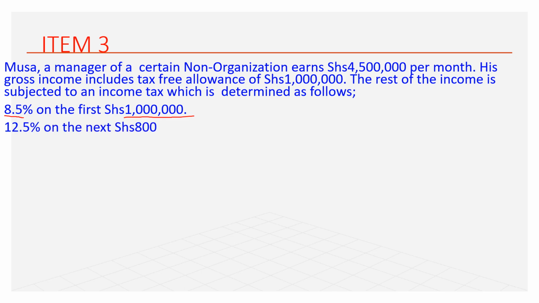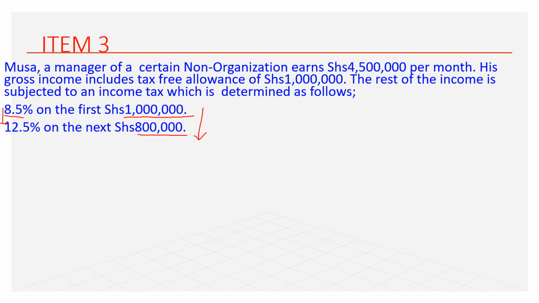Then 12.5% is on the next 800. So you will realize that as the taxable income is reducing, the income tax rate is increasing. What is clear here is that this money is increasing.